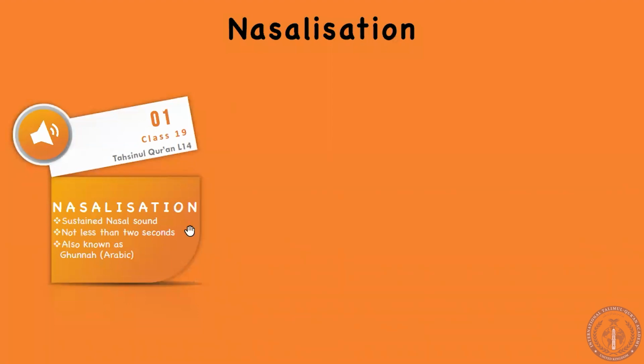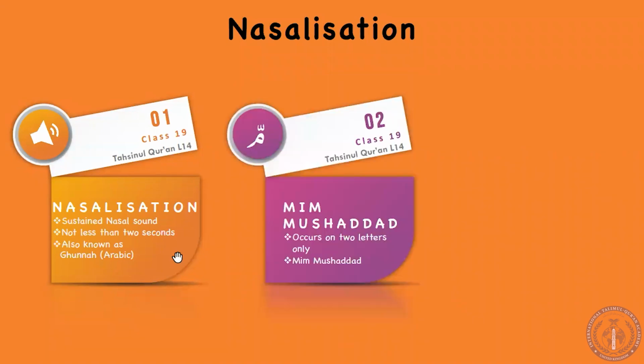So the difference is that when you do nasalization, you need to make a sustained nasal sound, okay, for up to 2 seconds or a bit more, okay? It must not be less than 2 seconds, okay? So it has to be longer, up to 2 seconds or a bit more, okay? So we spend time on it.